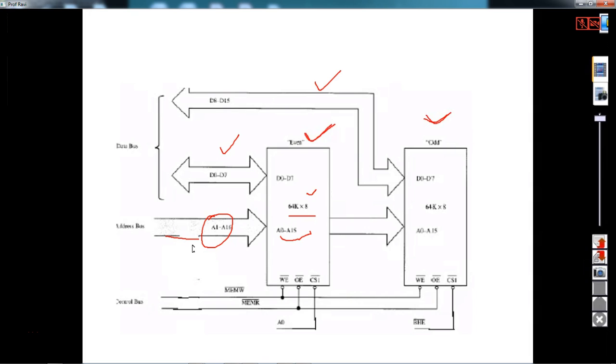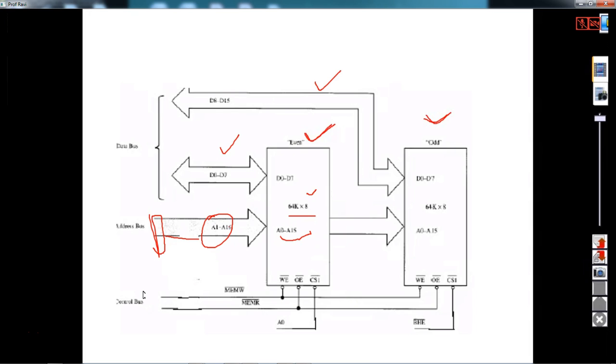And address lines are A0 to A19, you can start from A1, right? So you will use some memory decoding circuit here for enabling one particular memory address.